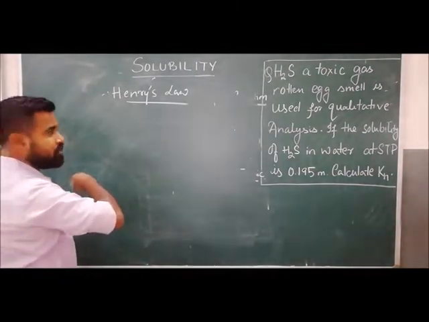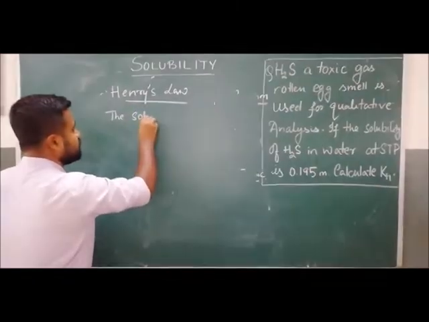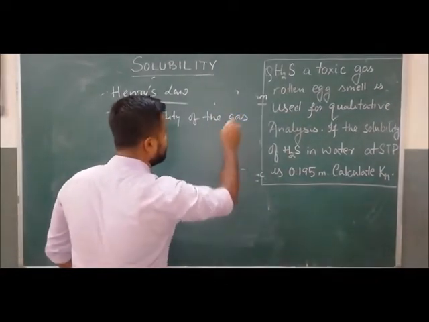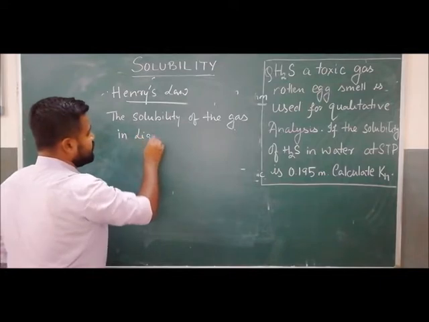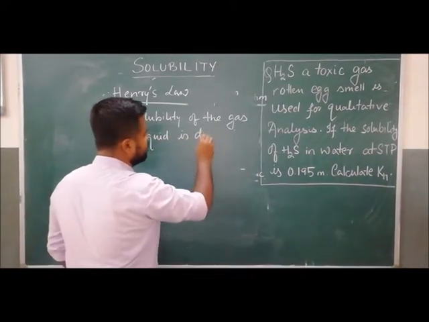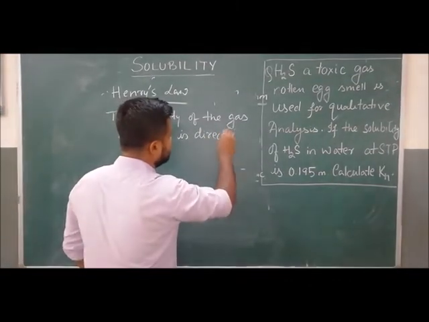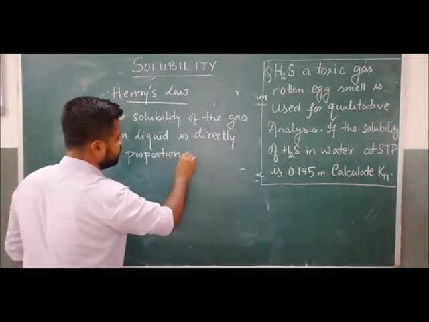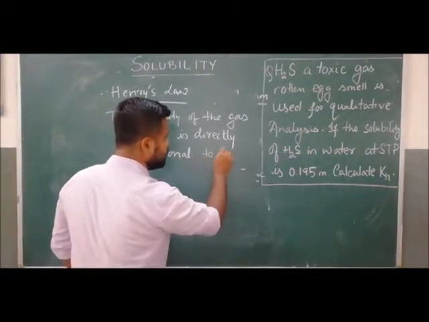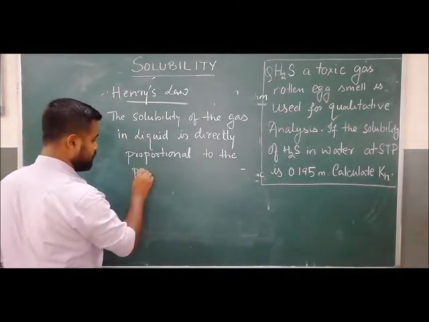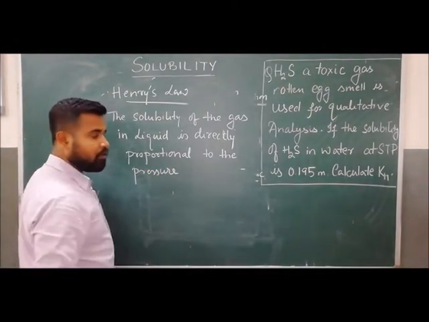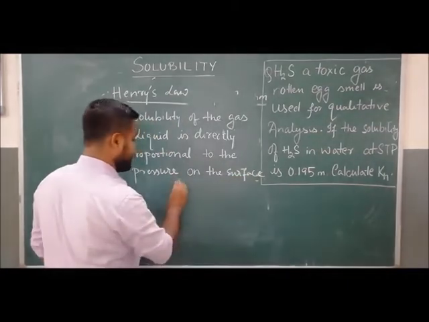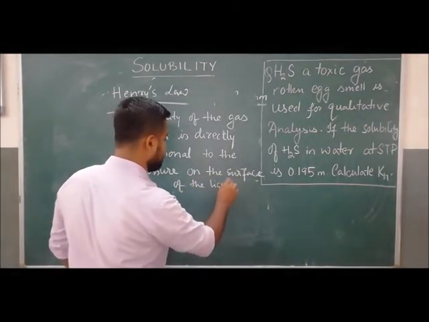According to Henry's law, the solubility of the gas in liquid is directly proportional to the pressure on the surface of the liquid, or this is called the partial pressure.